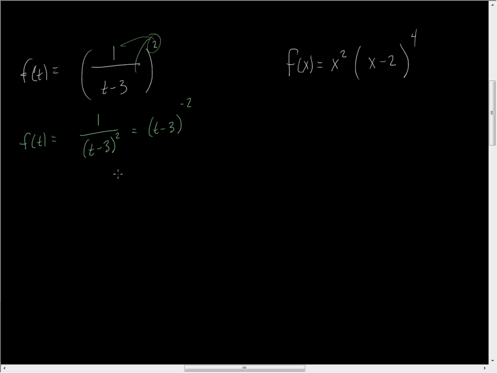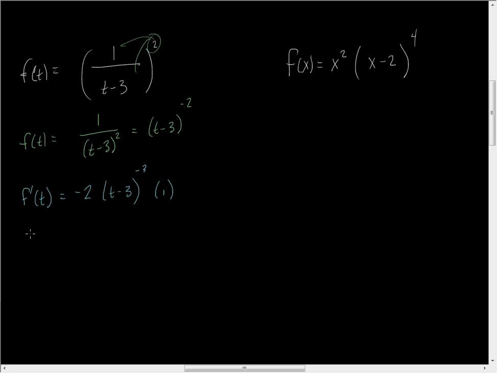Because of that, now I can take the derivative with respect to t, and I take the derivative of the outside, which is negative 2 times t minus 3, and I decrease the power by 1 to a negative 3, and then I multiply that by the derivative of the inside. So the derivative of the inside is 1.